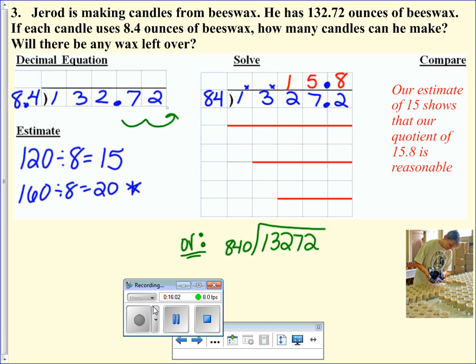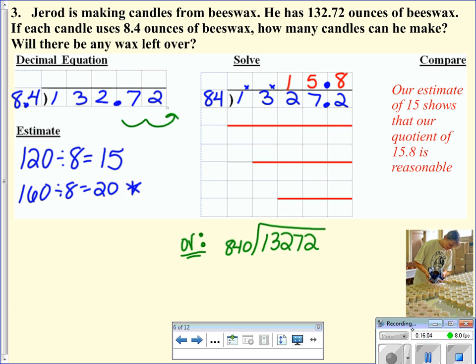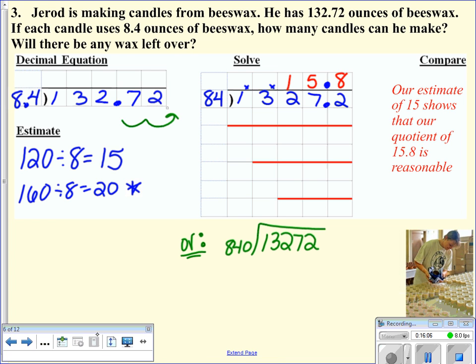But now let's think about what our answer is going to be. They're asking us how many candles can he make? So if he poured 8.4, 8.4, 8.4, 8.4, how many full candles can he make after he made groups of 8 and 4/10? He can make 15 full candles.